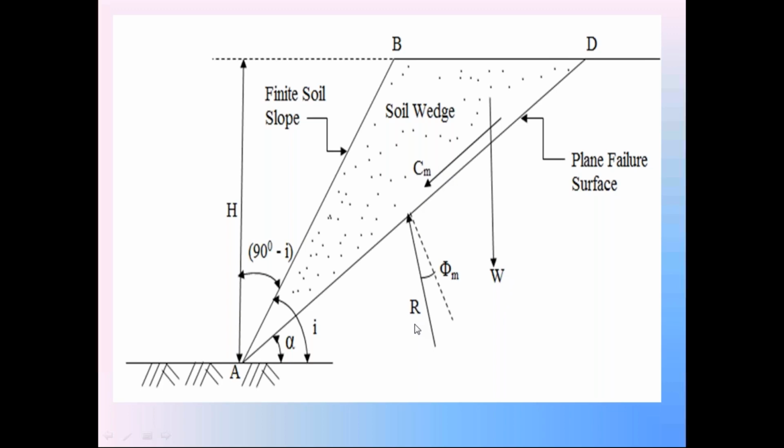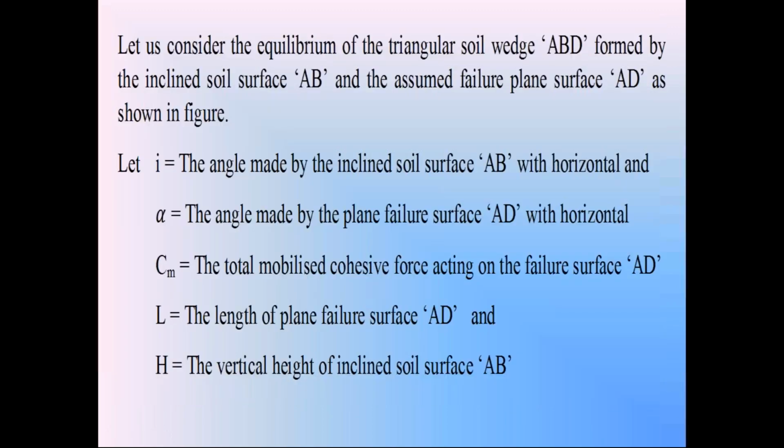In Culmann's procedure, we consider the soil slope AB, making an angle i with horizontal. Then we consider the failure surface AD in the graph sheet. That failure surface is making the angle alpha with horizontal.